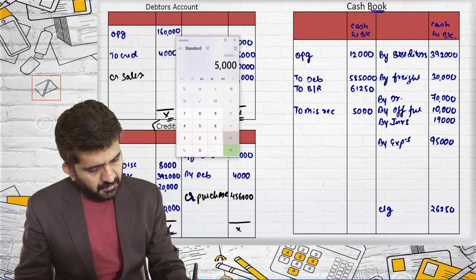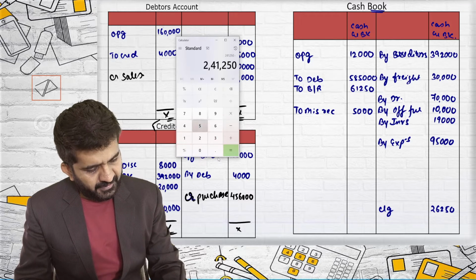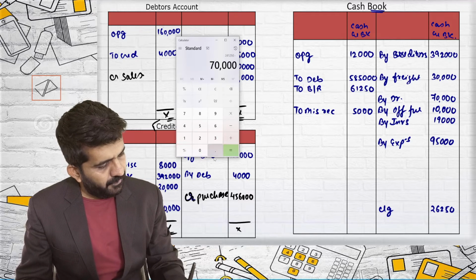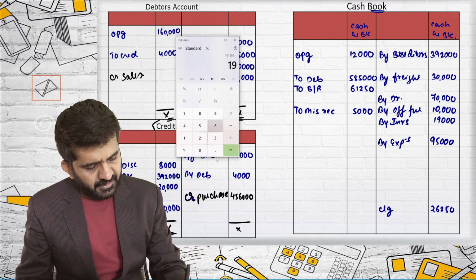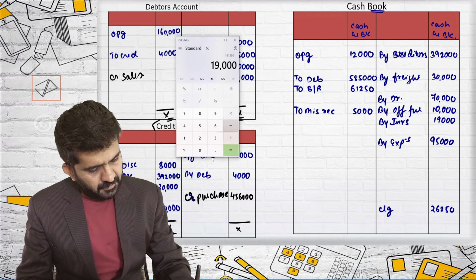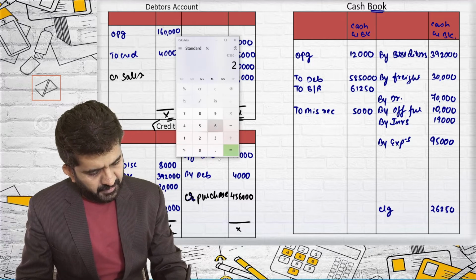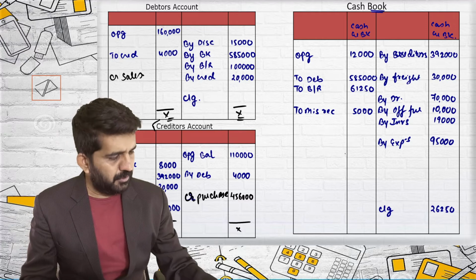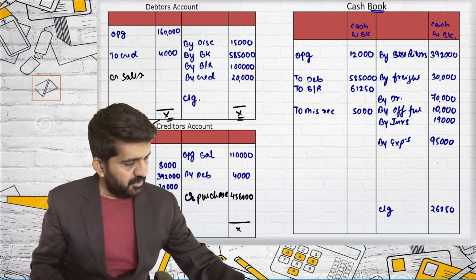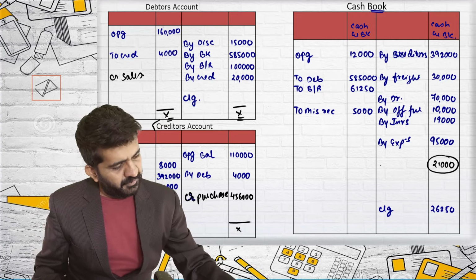5,000 minus 3,92,000 minus 30,000 minus 70,000 minus 10,000 minus 19,000 minus 95,000 minus 26,250, which is 21,000, and it is higher on this side, so it is over here 21,000.